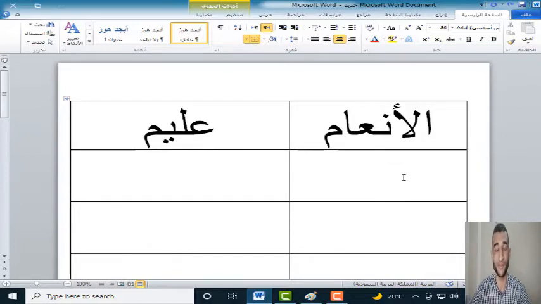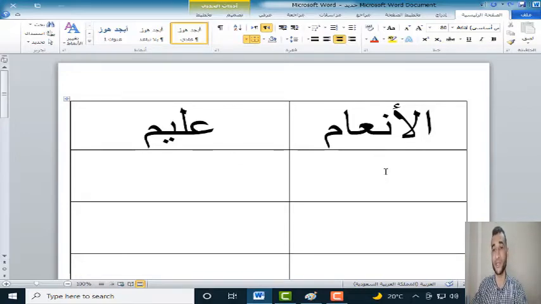What is the second difference between the consonant Nun and the Tanween? The second difference is that the consonant Nun comes in nouns, verbs and prepositions, but the Nun of the Tanween only comes in nouns. Let's have an example for the consonant Nun.